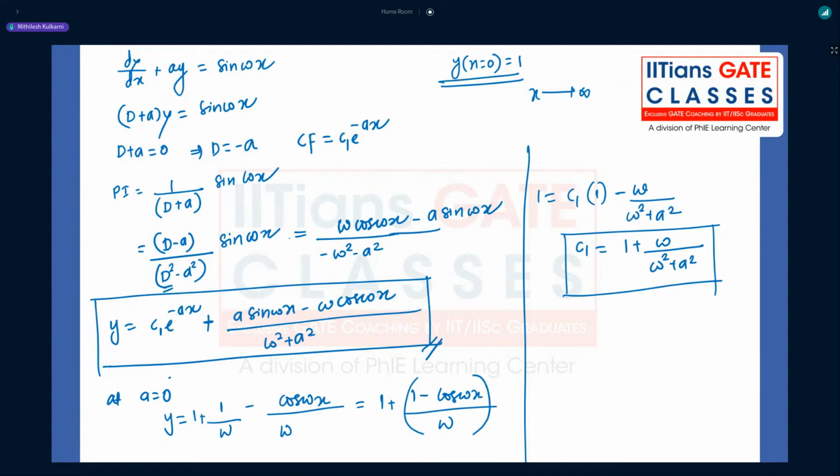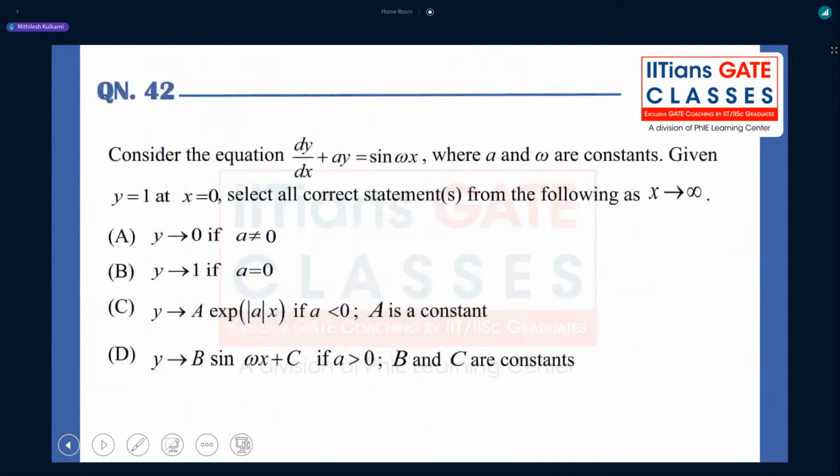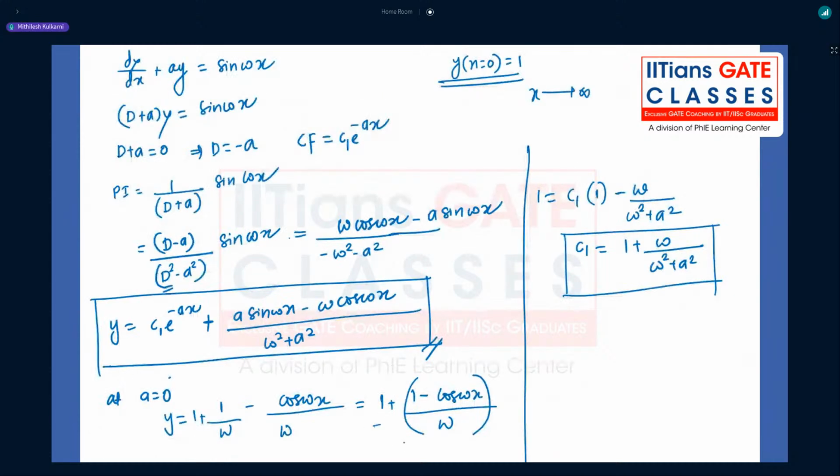So when a is equal to 0, it's not guaranteed that y tends to 1, because it is 1 plus some other term. Because we know cos is always lying between -1 to +1, so at infinity also it can be within this range only, right?